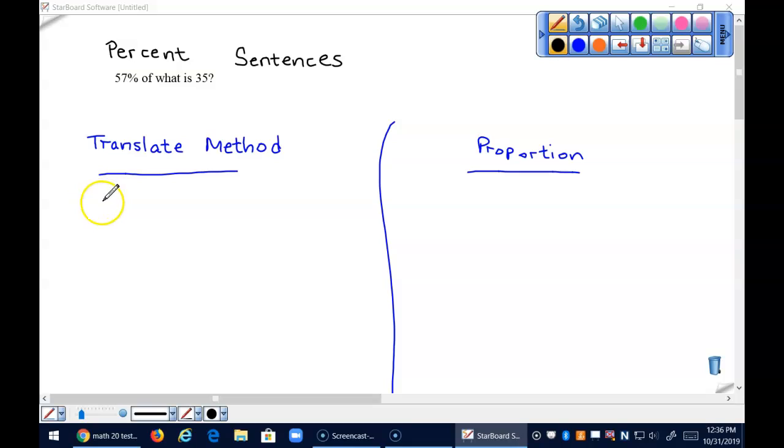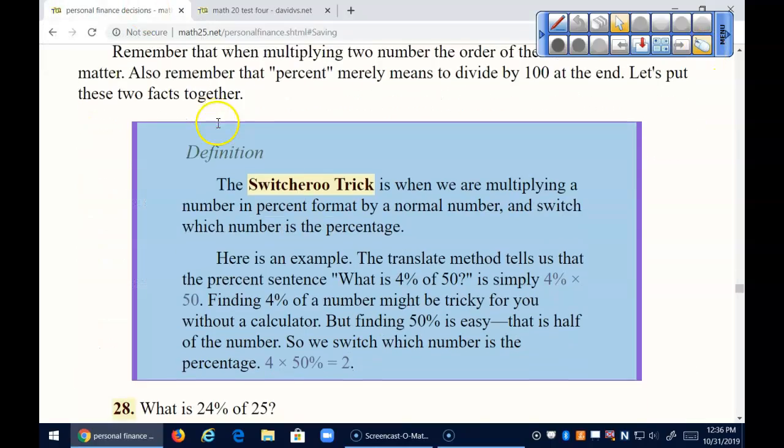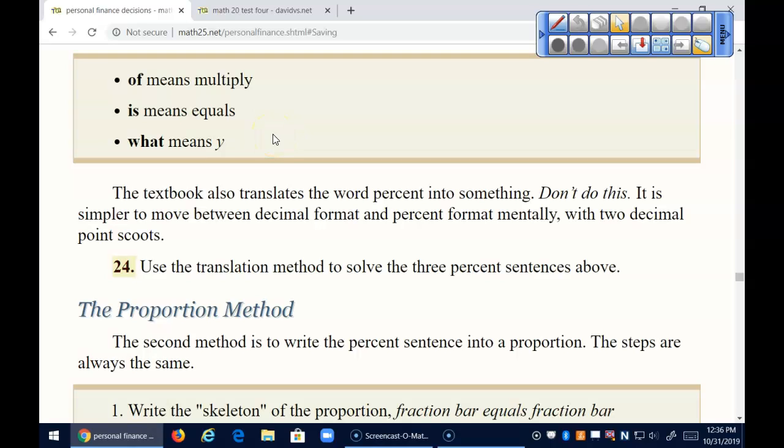Okay, so 57% of what is 35? In the translate way, of means multiply, is means equals, what means why, just like any word problem, make equation kind of business.